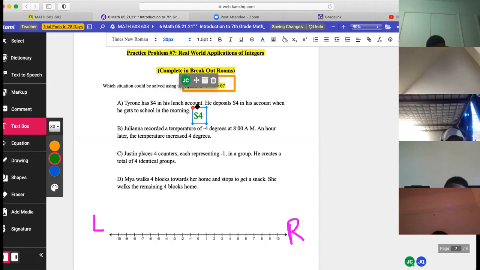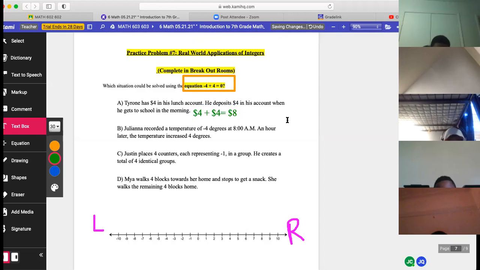So you start with $4 and you make a deposit. Is that a positive or negative number? It's a positive number, but I wouldn't pick A because the question says a positive 4 and a -4, and A just has two positive numbers, so I wouldn't pick A.